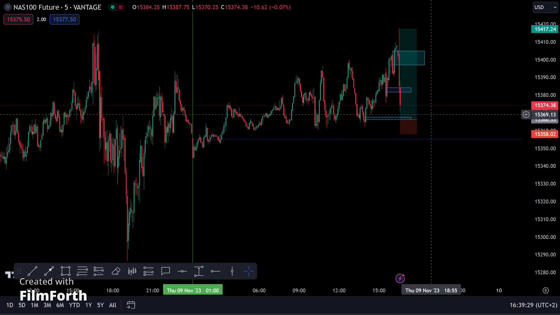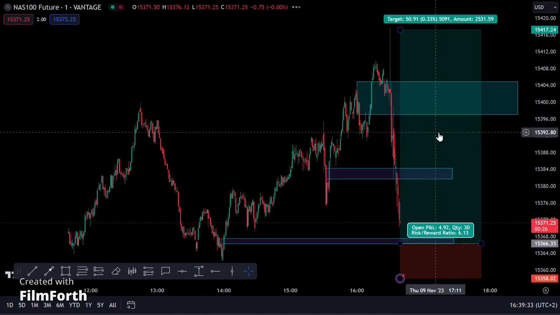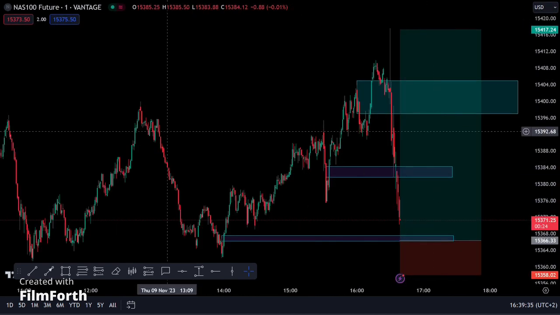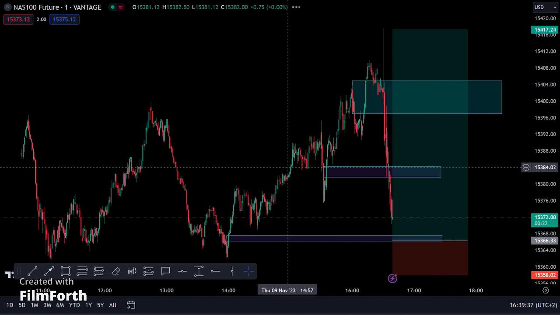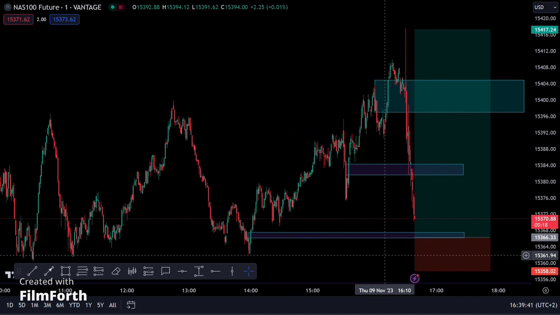But I'm looking for a 1 minute entry. This is my entry of the day, guys. If it goes against me here, I don't know. I'm still looking at how the market is moving. Let's see how it performs in this area. Okay.